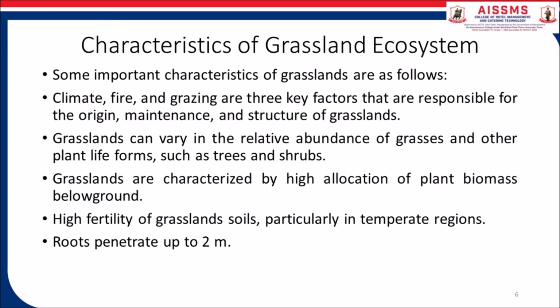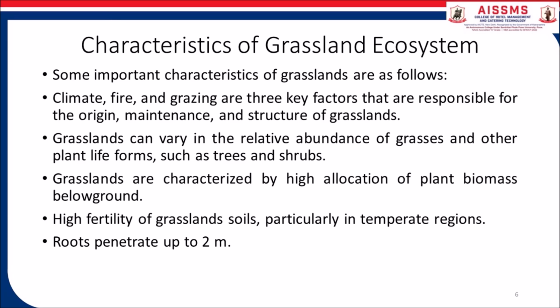Grassland can vary in the relative abundance of grasses and plant life forms such as trees and shrubs. Grasslands are characterized by high allocation of plant biomass below the ground.